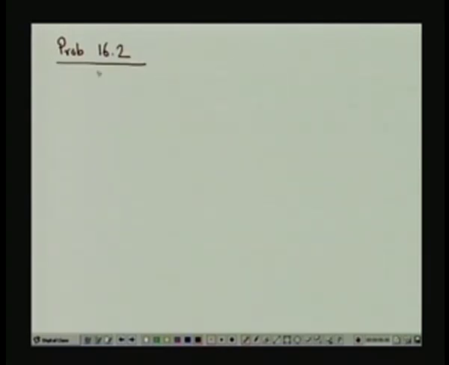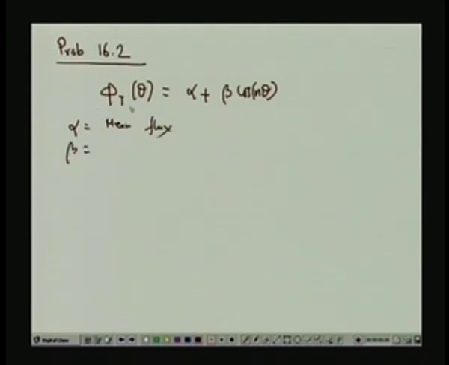Here we know that phi(t, theta) equals alpha plus beta cos(n theta), where alpha is the mean flux, beta is the amplitude of the flux variation, and n is the number of blades.